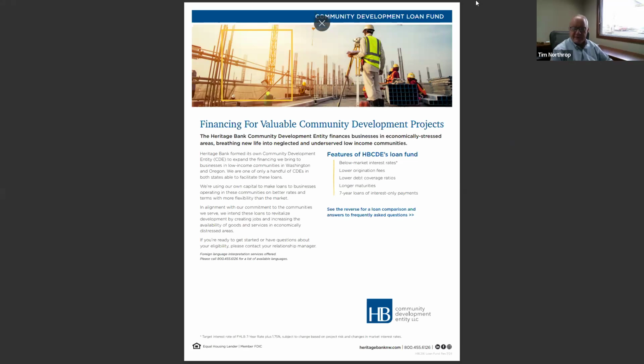So this also is relatively new for our bank. We've had this in process now for a couple of years, but Heritage Bank created a separate sub-entity called Heritage Bank Community Development Entity. In these loans, we funded this entity, and what's really interesting about it is it's completely designed for areas that need economic improvement.